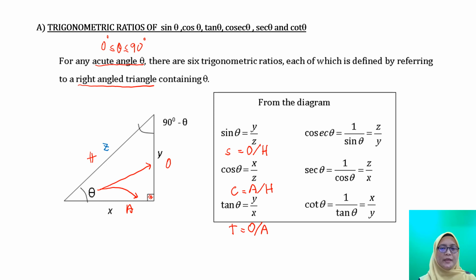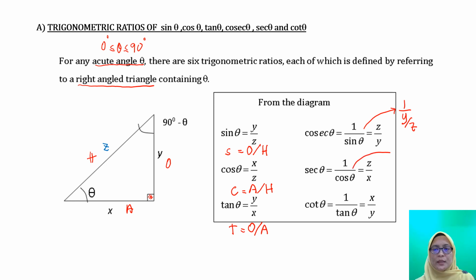So y over x. Okay, then cosecant is 1 over sine theta. We rearrange from the value of sine theta, so this is 1 over y over z. Then rearrange, so we will get z over y. Then secant theta is 1 over cos.